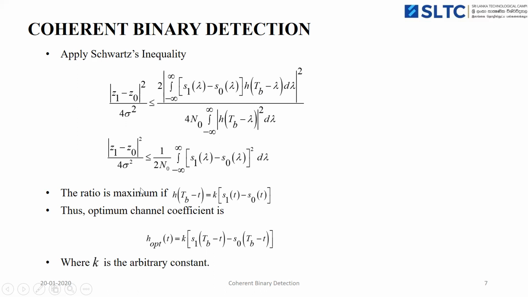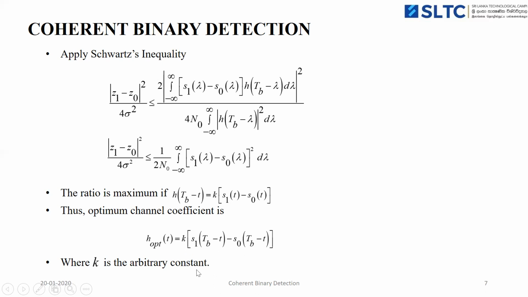The maximum value of this signal to noise ratio is achieved if we design the filter h by the difference between these two signal waveforms, meaning S1 of t minus S0 of t. So the optimum channel coefficient h optimum of t is k times S1 of tb minus t minus S0 of tb minus t.